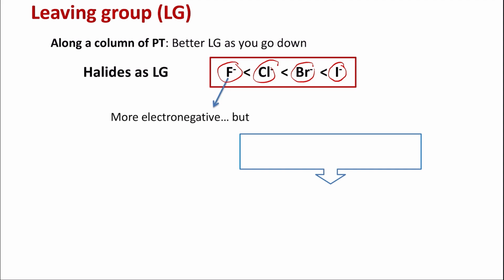Although fluoride is the most electronegative of all of these, iodide, which is lower in the periodic table, is more polarizable and its bond is actually weaker. This is because of the size of the atom.